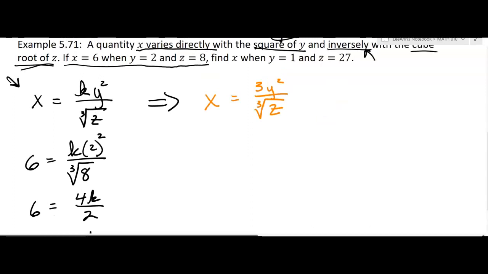Okay, so it says find x. Okay, so we're going to be finding x. It says y is 1. So we have 1 squared. And z is 27. So the cubed root of 27. Okay. So they give us nice little numbers to work with here.